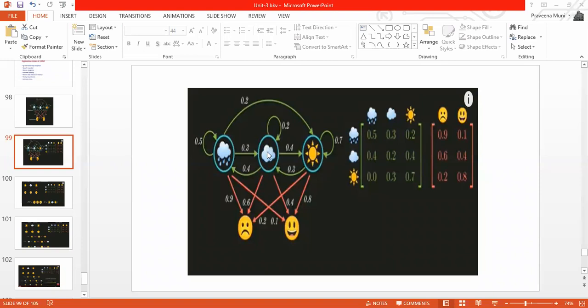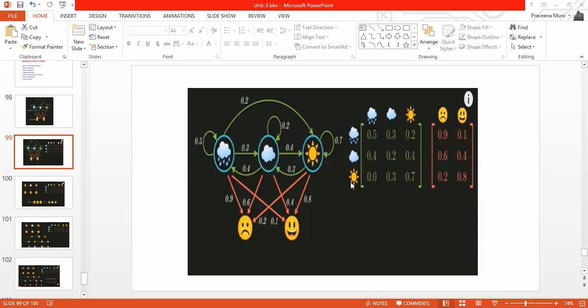If it is foggy today, tomorrow also foggy is 0.2. If foggy today, tomorrow sunny is 0.4.